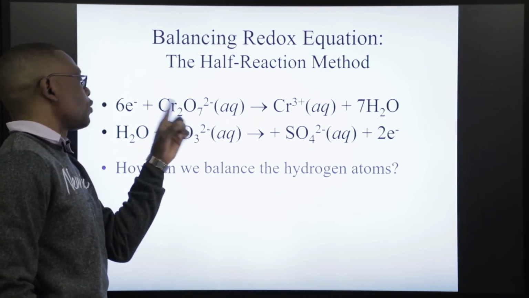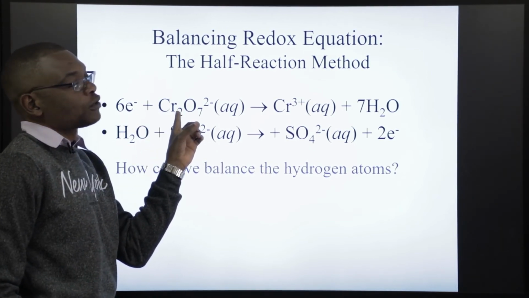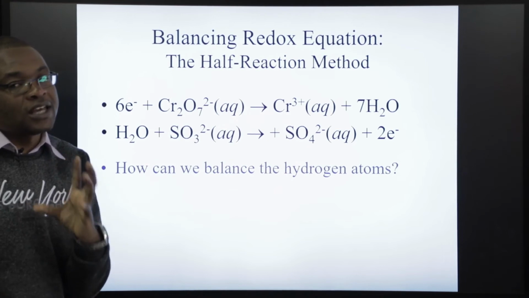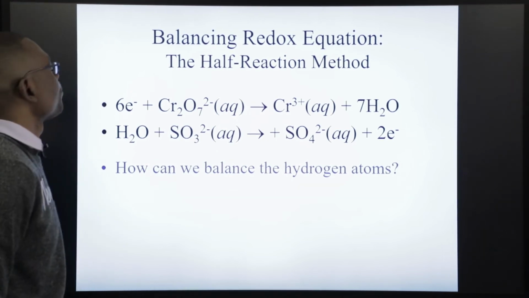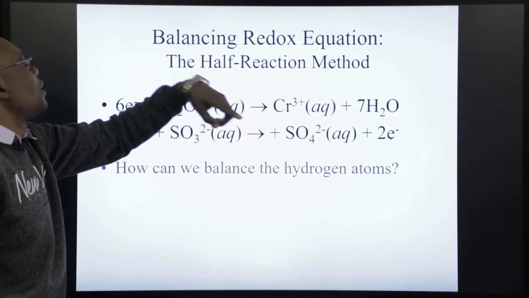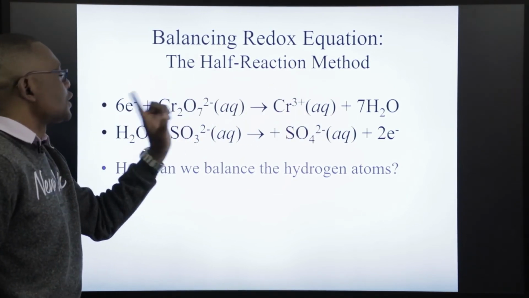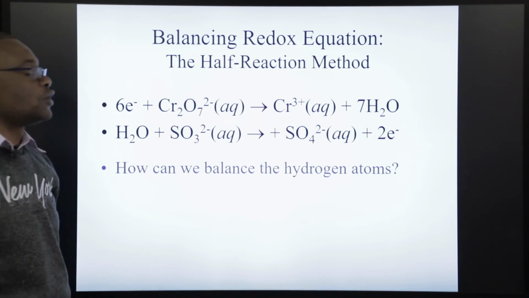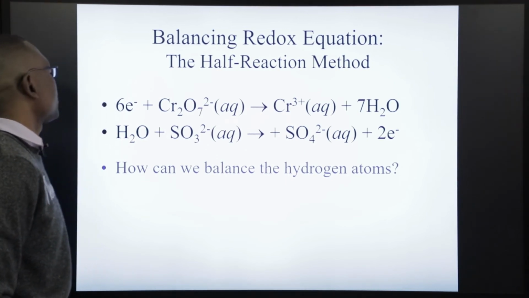Because remember, when our oxygens are moving away from the dichromate, they will be going already carrying their 2 minus charges. So we need 14 of the H plus to cater for the 7 oxygens, 2 minus each.